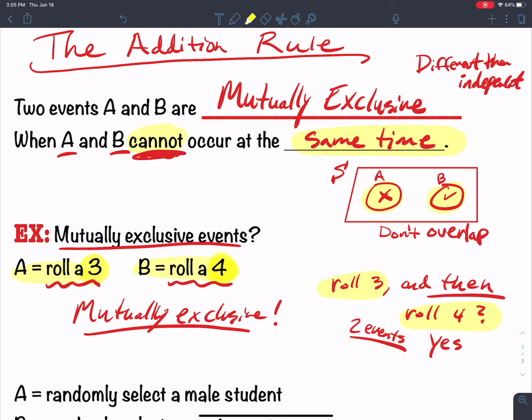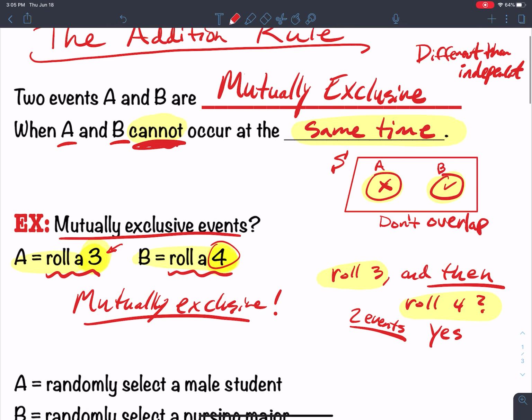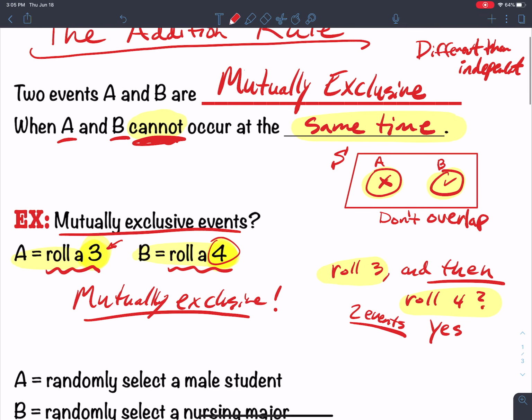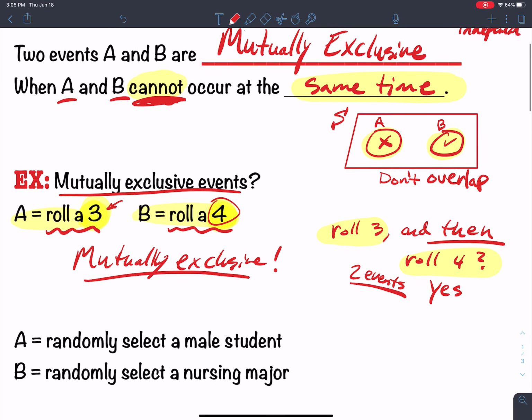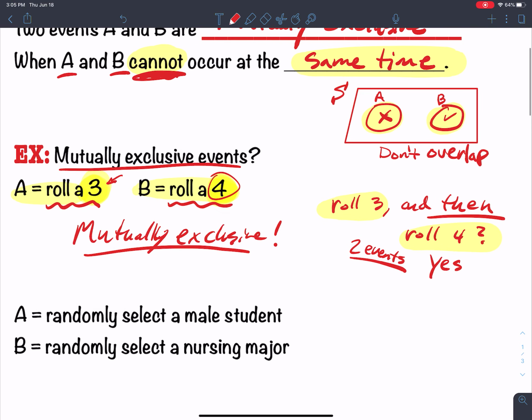Meaning if one thing happens, there's absolutely no way that the other thing will happen. That's total dependence, not independence. A lot of students get independence and mutually exclusive confused with each other. It couldn't be further from the opposite.